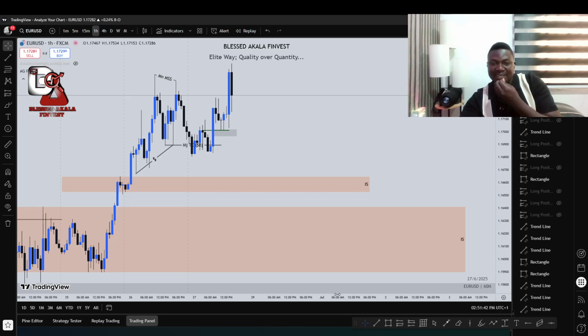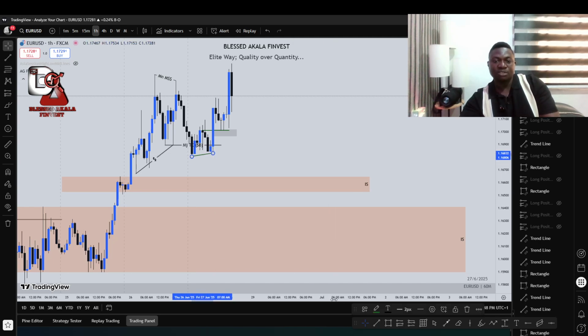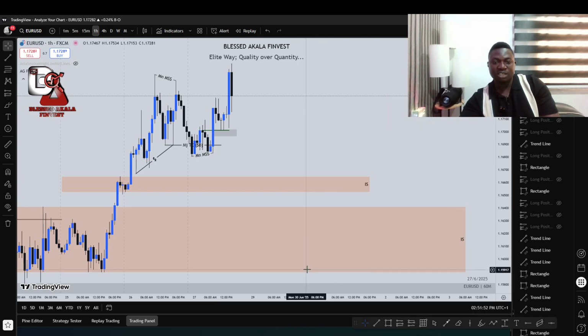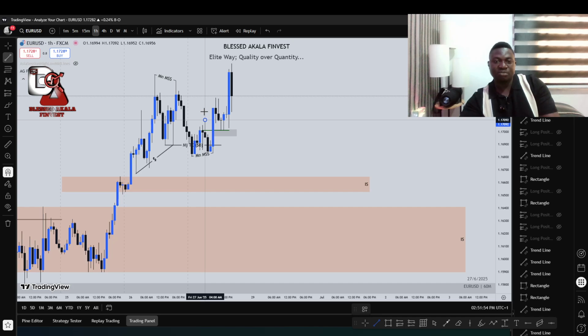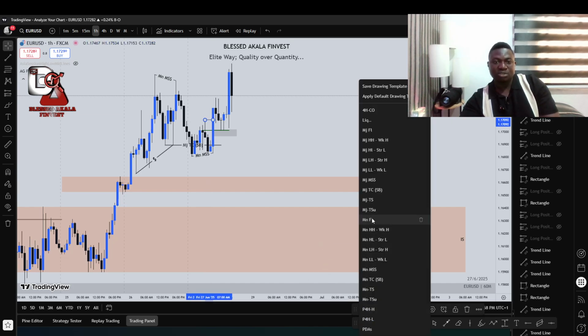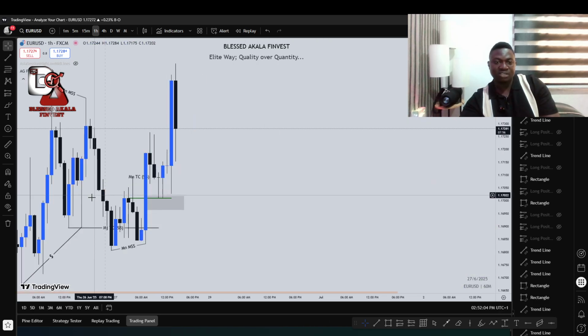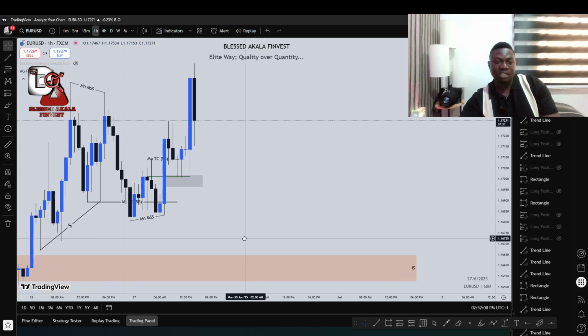There is another thing that is going on. If we analyze this on a lower time frame, this will be another shift in the market, a minor shift, and we have this place to be our TC, which is trend change. So a minor trend change, which is a structure break, because this particular leg is supposed to be the leg that continues to send price lower in the market.